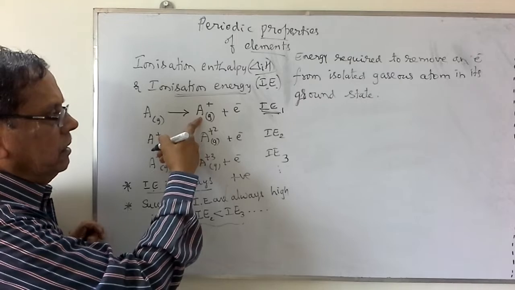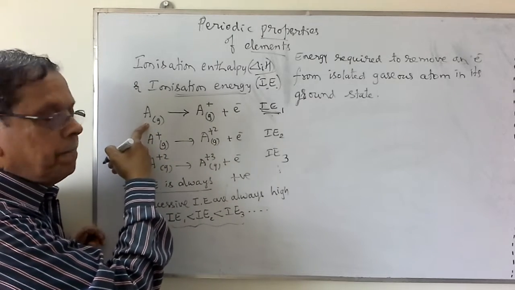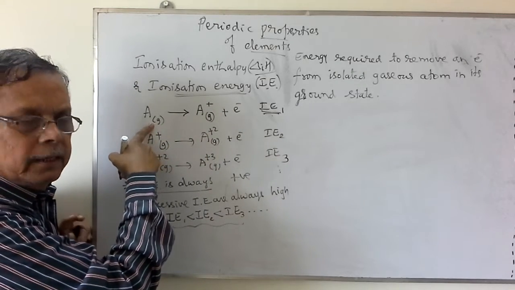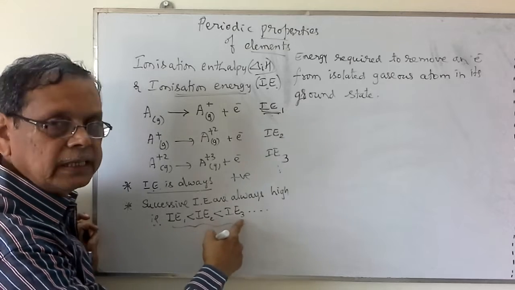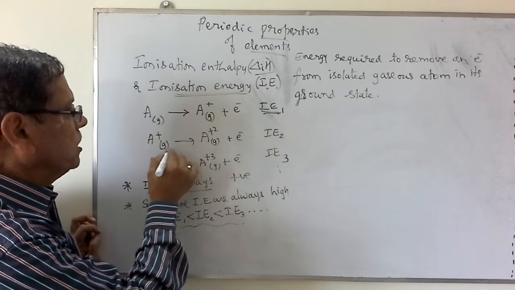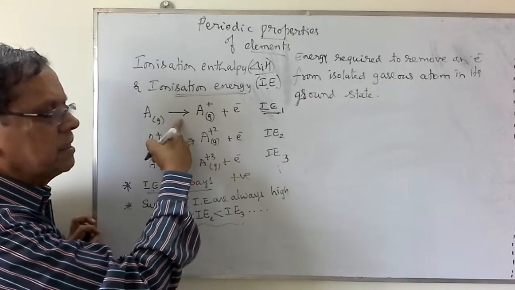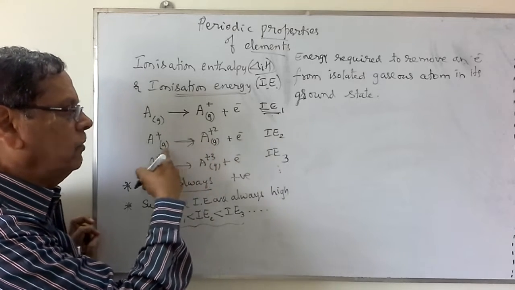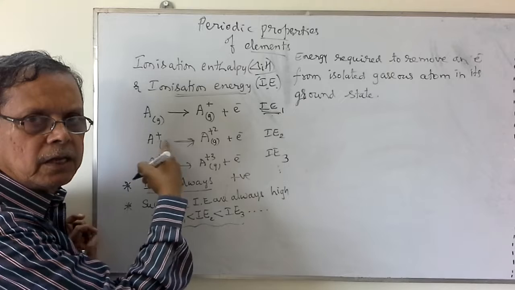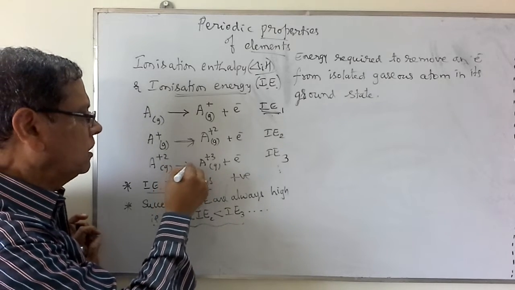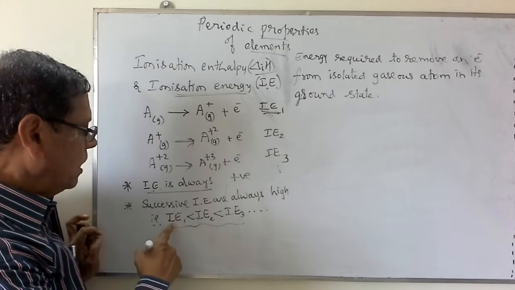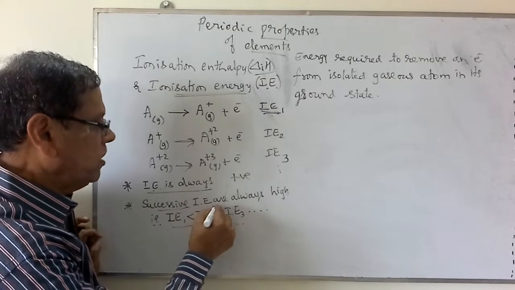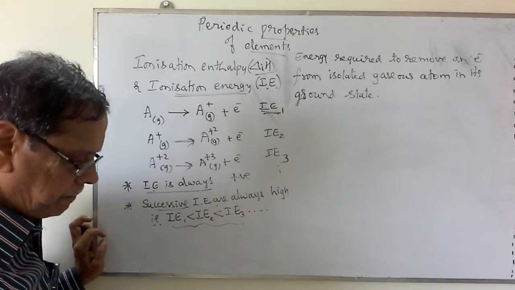When we remove one electron from an isolated gaseous atom, the remaining electrons will be held with greater attractive force by the nucleus. That's why the successive ionization energy increases. To remove the second electron, more energy is required as compared to the energy required for the first electron, since this A plus 2 has further attractive force between the remaining electrons and the nucleus. So more energy is required for the removal of the third electron. That's why IE1 is lesser than IE2, lesser than IE3. In general, successive ionization energies are always higher.